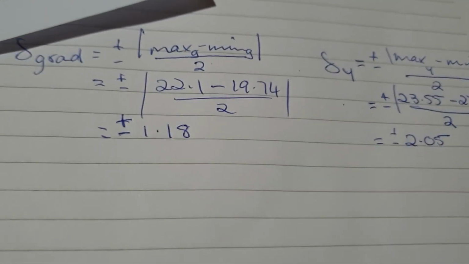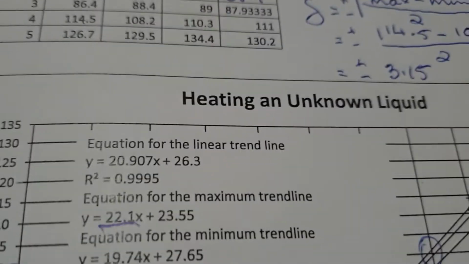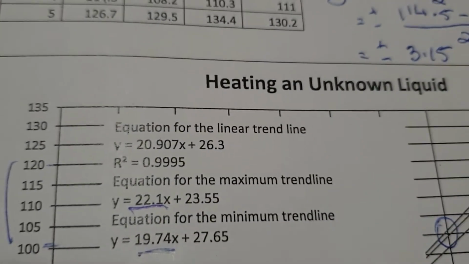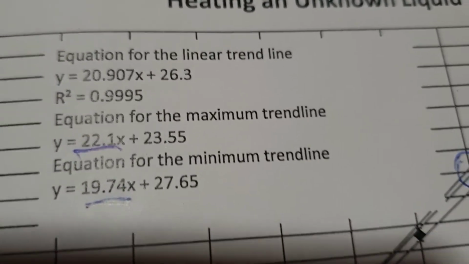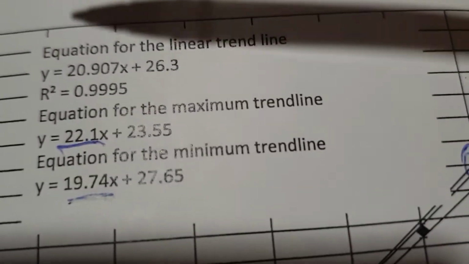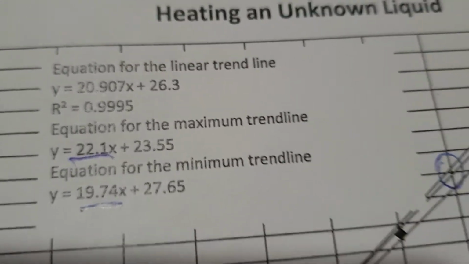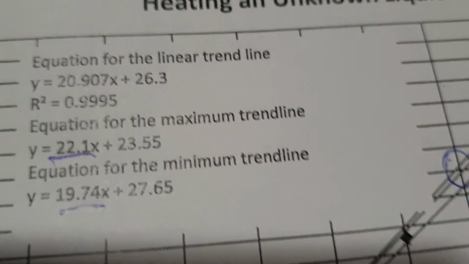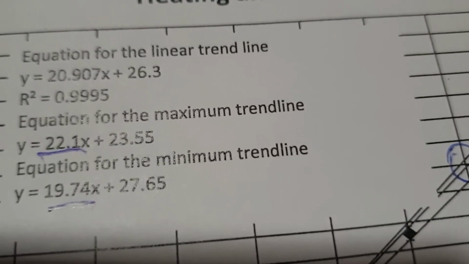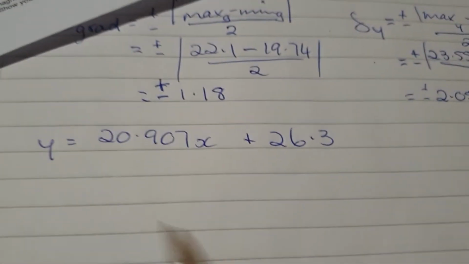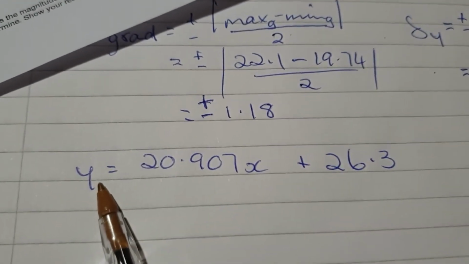Okay, now we're going to go back to our equations and get the equation for the linear trend line. So it's y equals 20.907. It's this one up here, the first one, that has the r squared value with it, plus 26.3. So that's the equation.